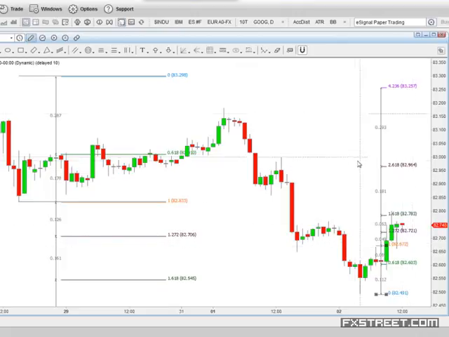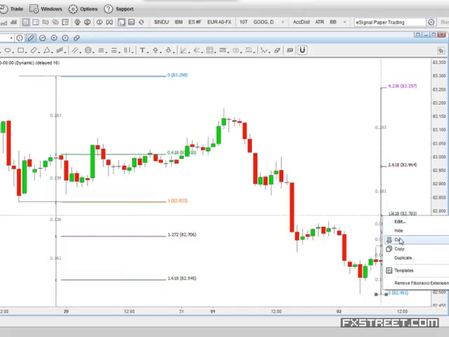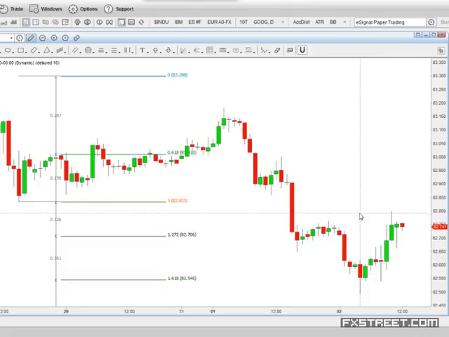So intraday I would expect some pretty choppy trading. It's really until this, and it's all coming down to the dollar today, I think, until this is broken, sort of 82.80. That's the low side of this candle.